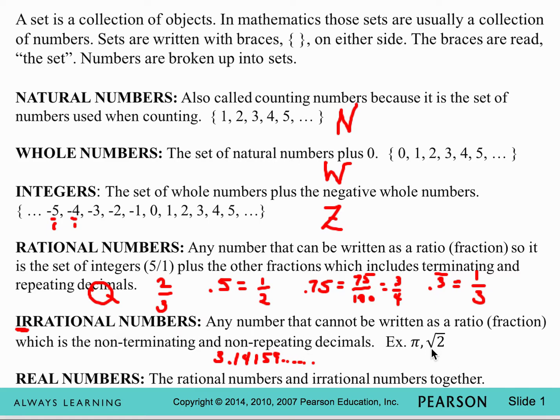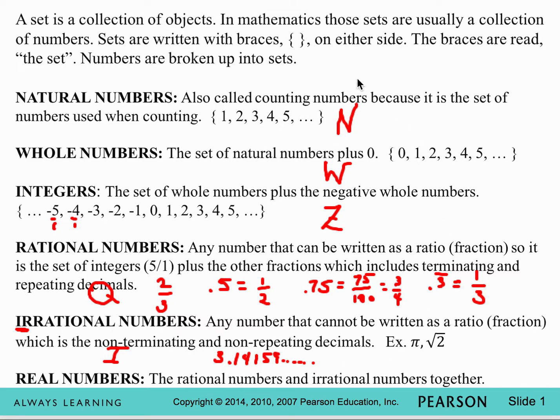Another example of that are these numbers underneath our square root signs that's not square numbers. So the square root of 2, right, is 1.414, dot, dot. It just goes forever. Okay, so the irrational numbers, here's our I. And then real numbers. The real numbers are the rational numbers and irrational numbers together.